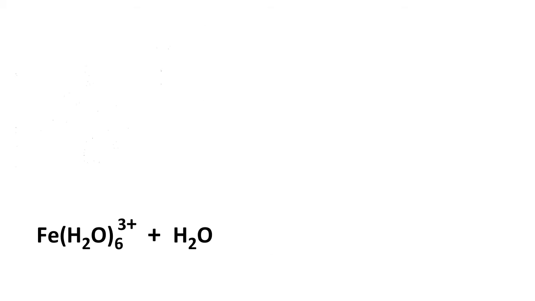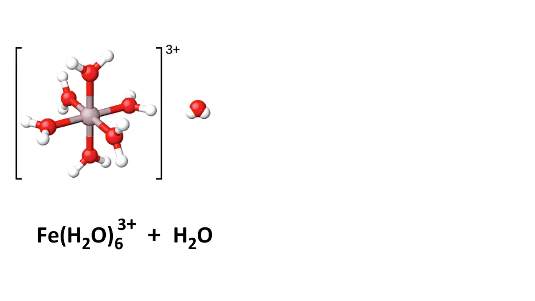Now, it probably would help to look at what's going on at a molecular level here. So here is an image of an Fe3+ surrounded by 6 water molecules, and then there's some water nearby from the solution. And iron 3+, being a highly positively charged ion, pulls electron density towards itself from all of these waters.